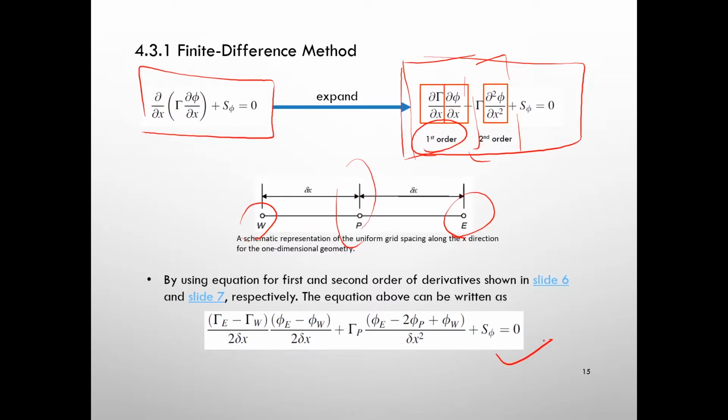So basically what we have here comes from the first order terms on the left, this comes from the second first order term, and this is from the second order term. These are all the discretized first and second order terms for the finite difference method. So you can just substitute using the equations derived in slide 6 and slide 7.